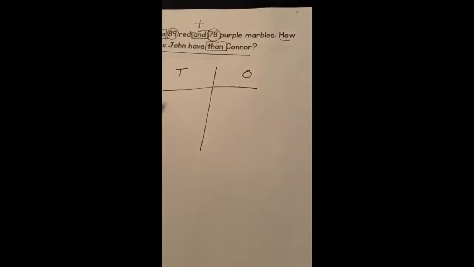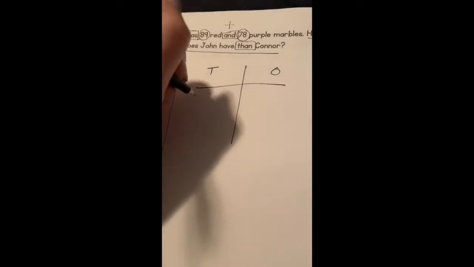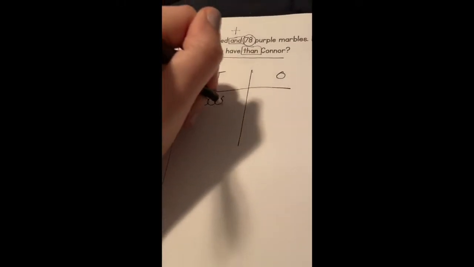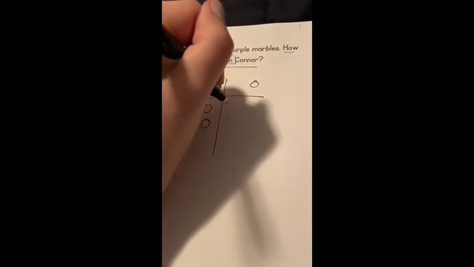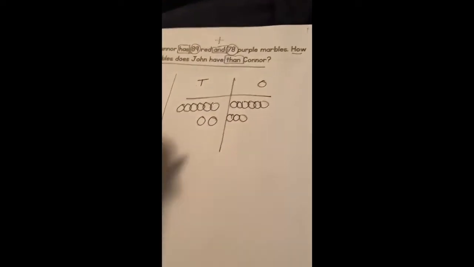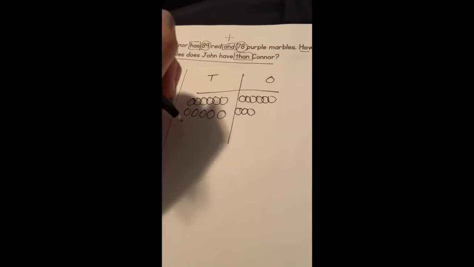And I would put 89, so it's going to be 8 tens, 1, 2, 3, 4, 5, 6, 7, 8, and then 9 ones, 1, 2, 3, 4, 5, 6, 7, 8, 9. Then 78, so another 7 tens and 8 ones.